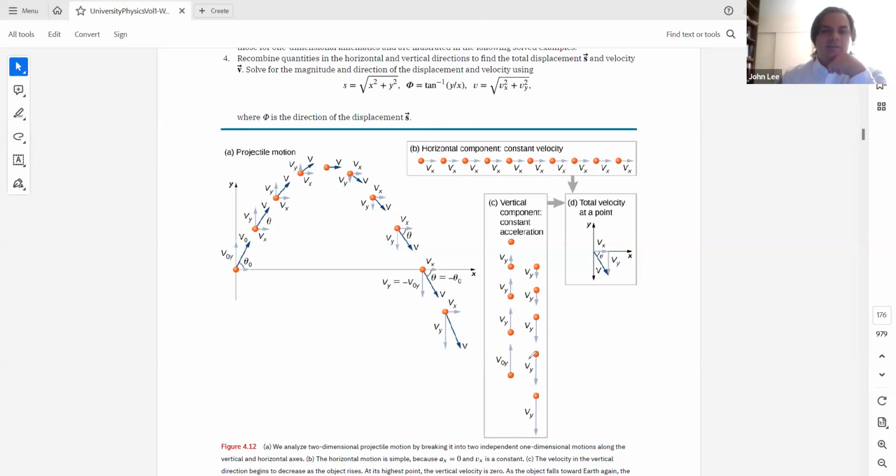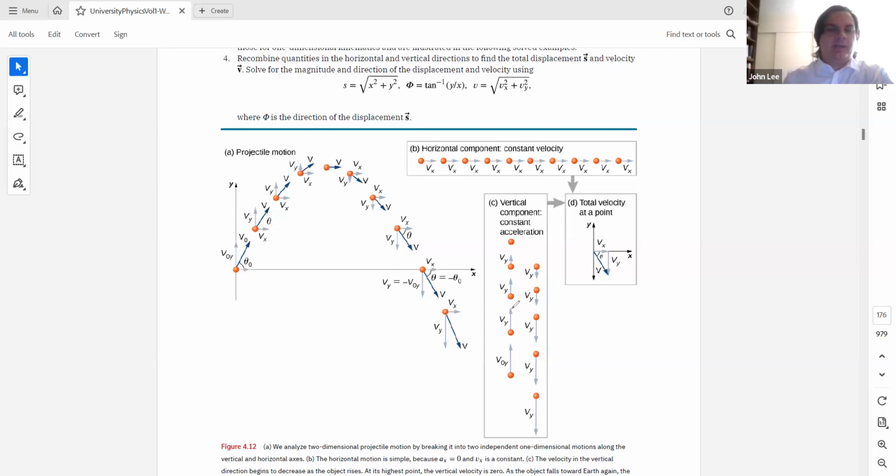But the vertical component, if you start with a positive v naught y, then it goes up and up and up, but it's losing velocity because it has a negative acceleration and a positive velocity. So it goes up, and then it hits a point where its velocity is zero, and then it starts going down and accelerating in the downward direction.